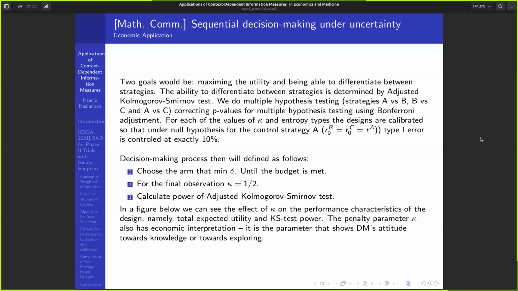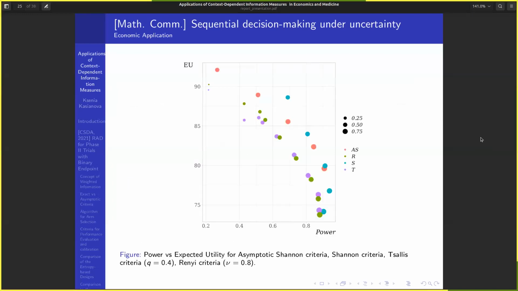And again, by tweaking the values of kappa, we can show different balances between power and expected utility. So as you can see, the application of the weighted information measures can be done not only in mathematical problems, but in any problems where we have two different goals, one of which is obtaining information and maximizing power.